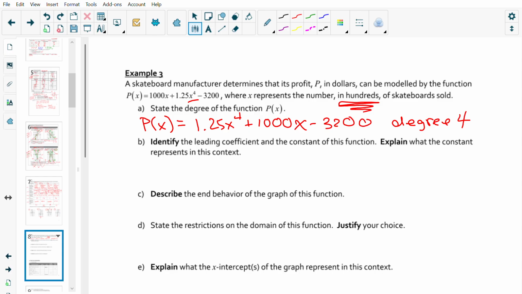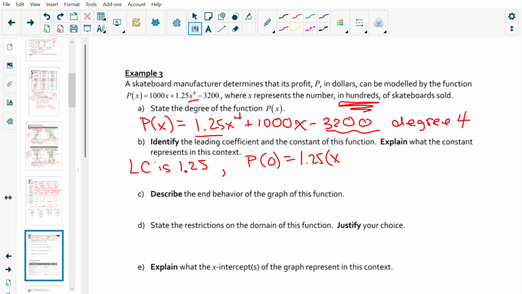Degree is 4. Identify the leading coefficient and the constant of this function. So leading coefficient is 1.25 and the constant term. So how do we get the constant term?